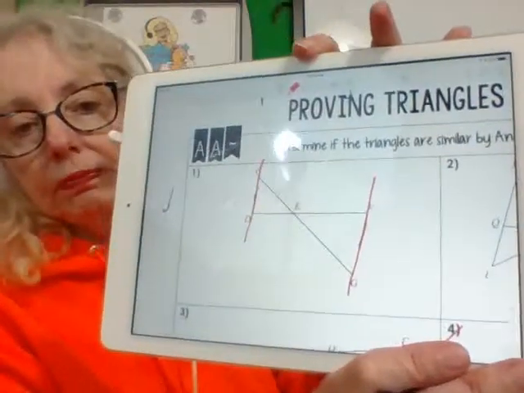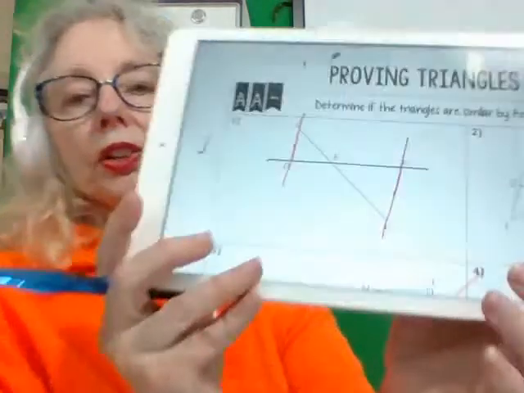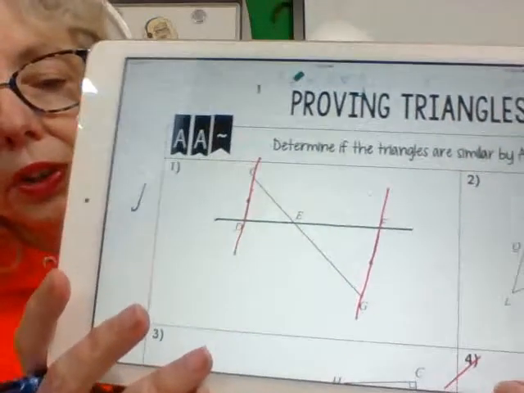So, on this first triangle down here, what we're going to look at is that CD is parallel to FG, and we have a transversal. And for the transversal, I'm just going to pick DA. So here's my transversal going through.